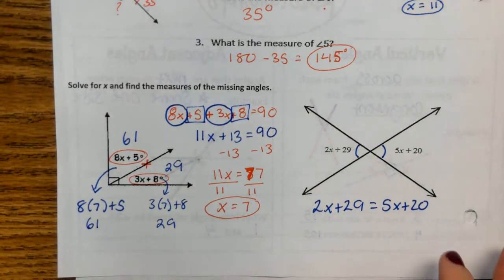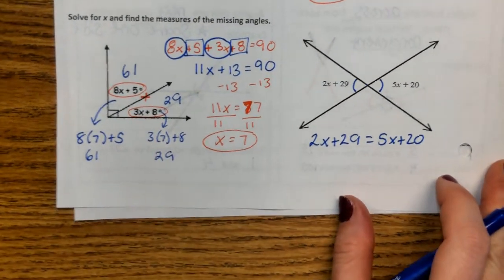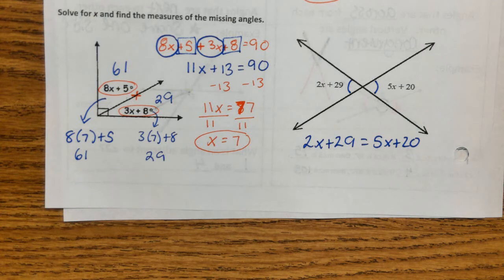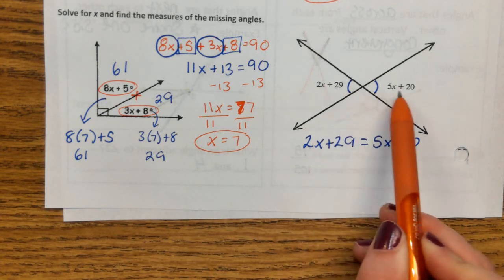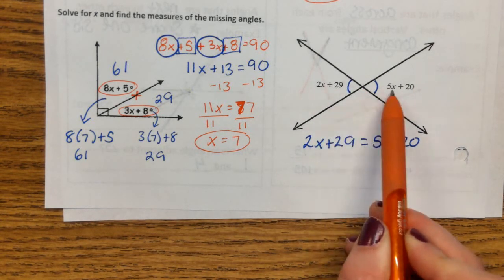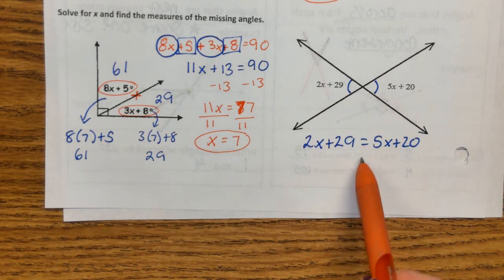So, vertical angles are congruent, and what does congruent mean? The same or equal. These angles are vertical, they are directly across from each other, which means these two expressions are equal to each other.